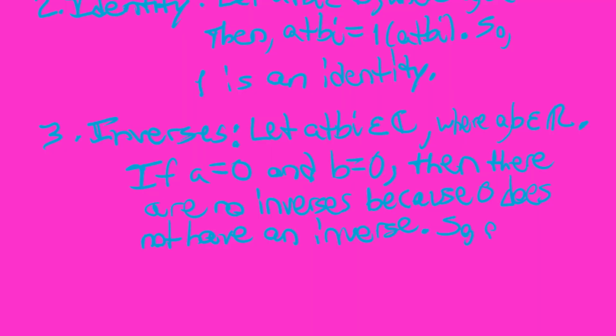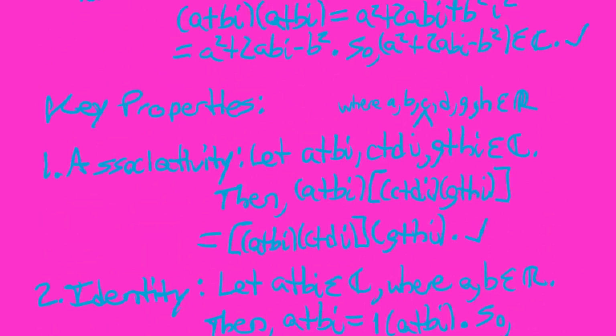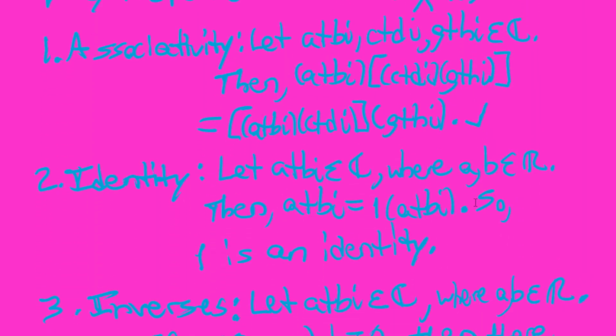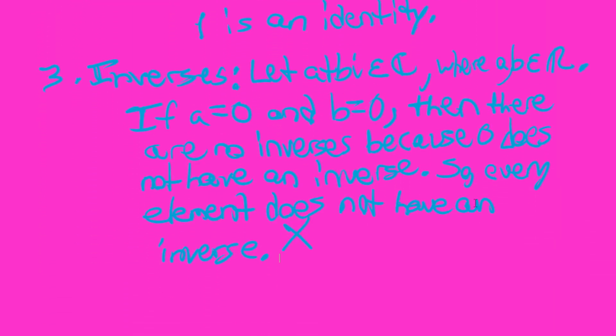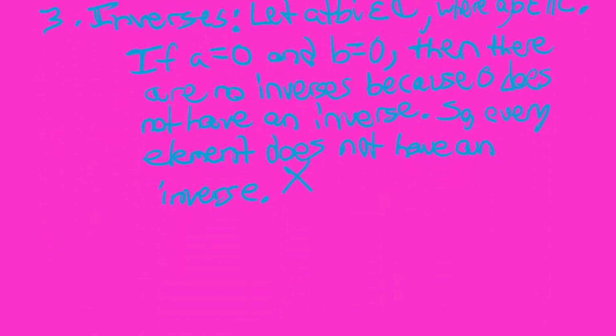So every element does not have an inverse. So the inverse property fails. And it was looking like this was about to be a group because we had closure, associativity, and an identity. But since every element does not have an inverse, the complex numbers under multiplication is not a group.